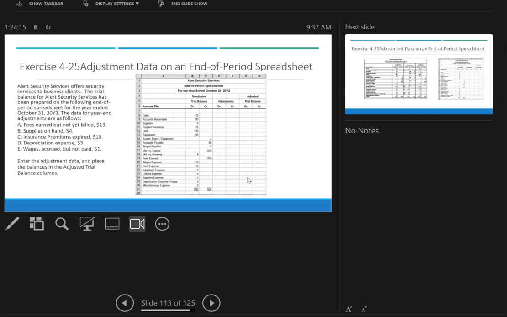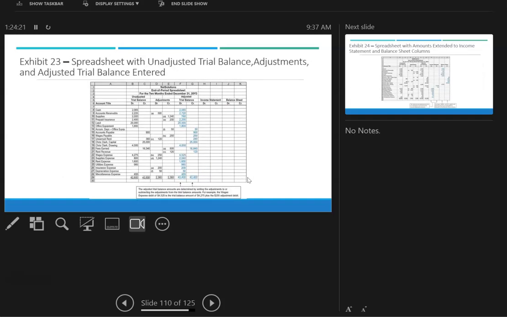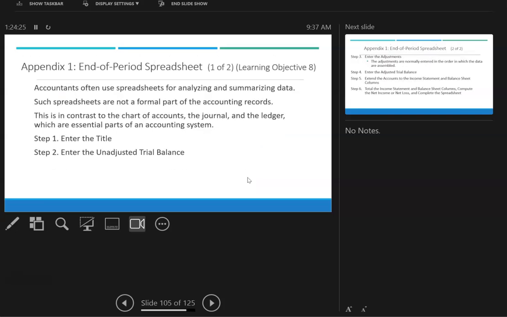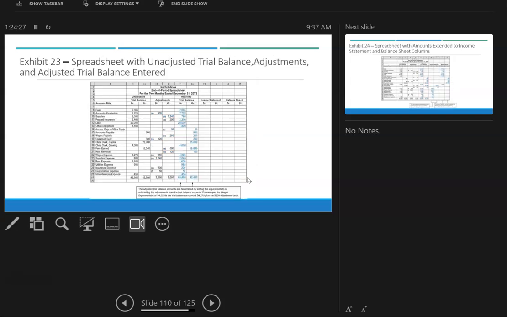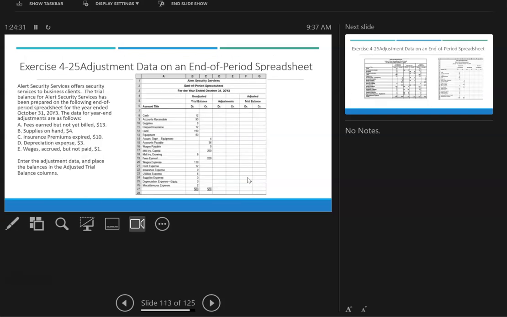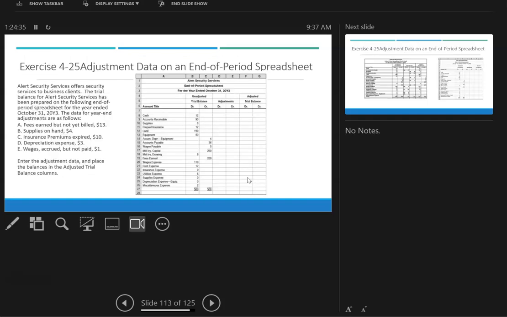When we have supplies on hand of $4, but we showed in here our supplies were $8, what are we going to do? Where did I just screw up? Yeah, we're going to debit supplies expense and then credit supplies, okay?